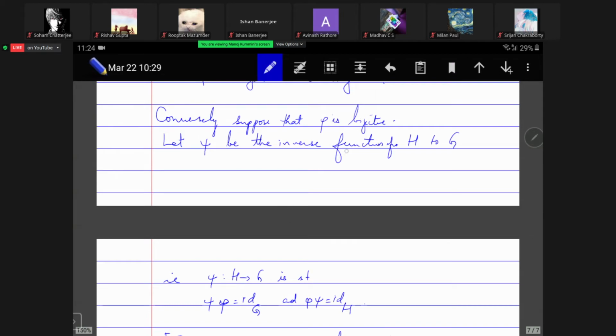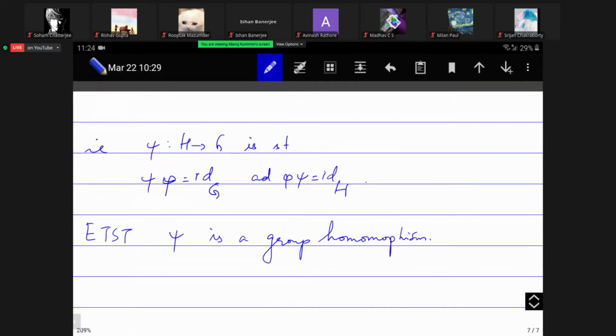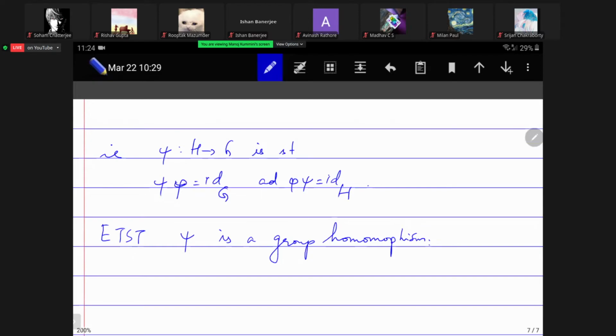What we know is that because phi is bijective, there is a function satisfying these two properties. It's enough to show that this function is a group homomorphism. So that is, psi of h1 h2 is psi of h1 times psi of h2 for all h1, h2 inside H.